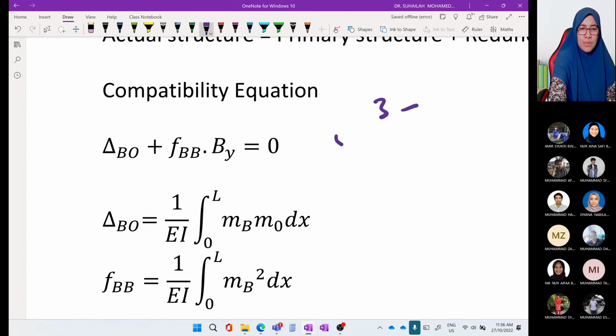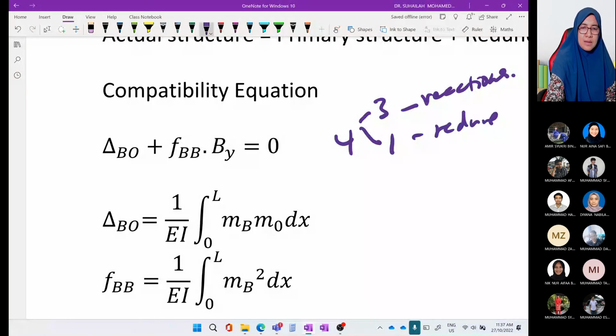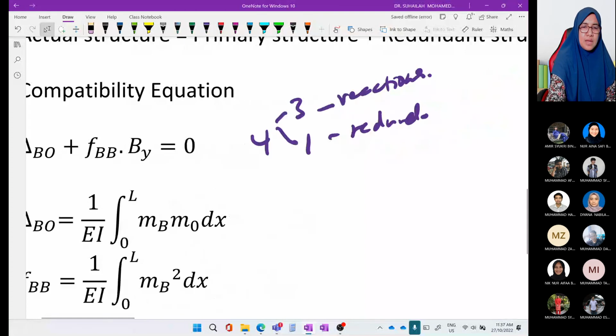Actually we have four, but we have to divide them into 3 and 1. The 3 are the unknown reactions, just like the reactions here, and 1 is redundant.